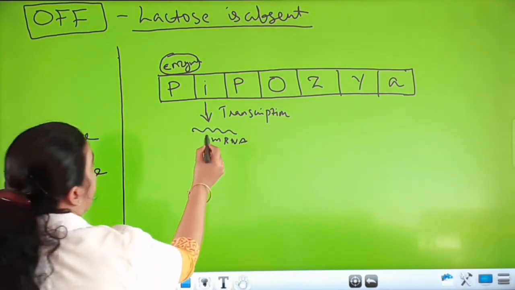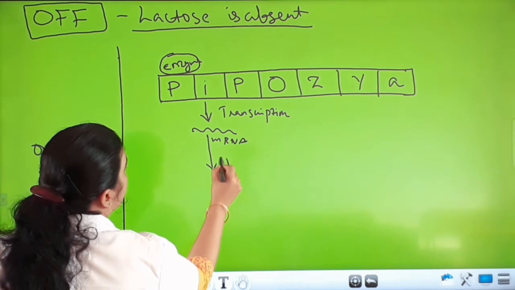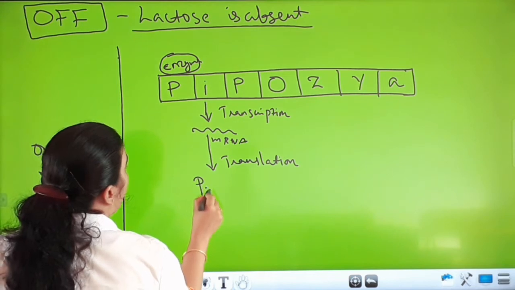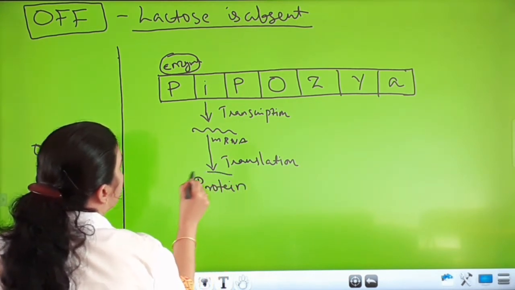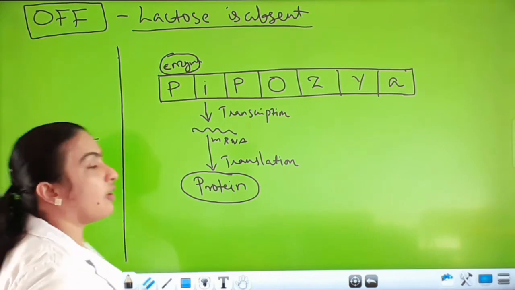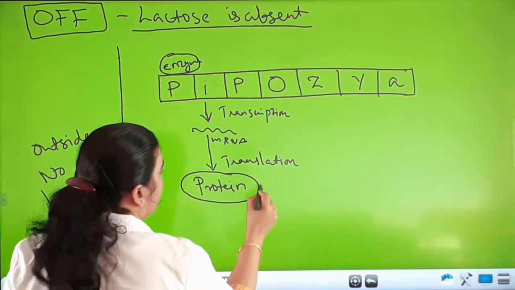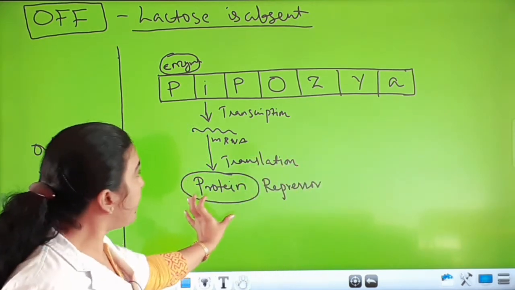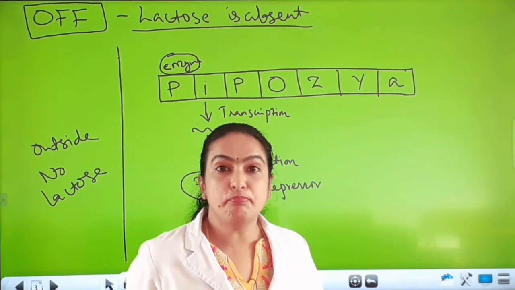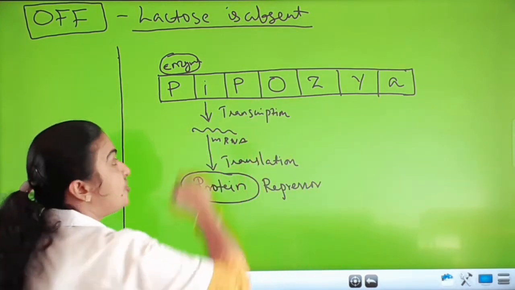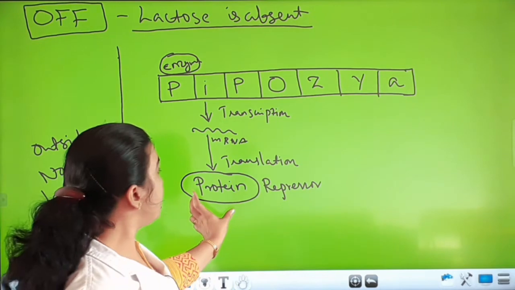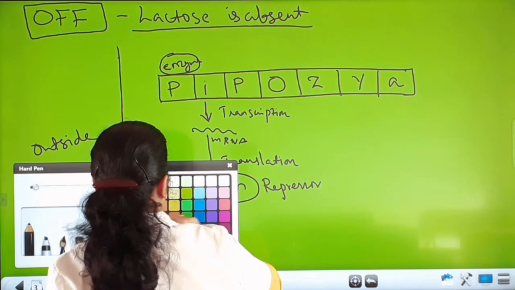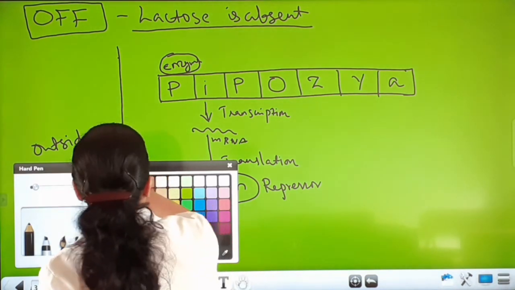Then this mRNA undergoes the process of translation. After translation it produces a protein, and this protein is called the repressor. The repressor protein can bind the O gene. I will show you the binding.